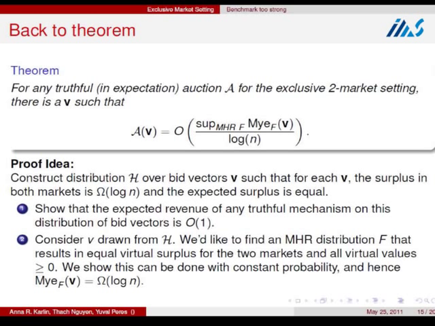You shift things to make them equal, and you essentially extract expected revenue of log n on a constant fraction of these bid vectors. And therefore, since the ratio of the expected revenues is log n, there has to be some vector in there where the ratio is log n.